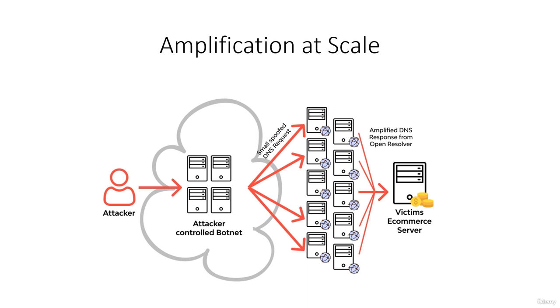Now, each one of those machines has a 1 gigabyte connection. So, for example, there could be three servers attacking, with the attacker controlling them and being able to send requests out at 3 gigabytes a second.